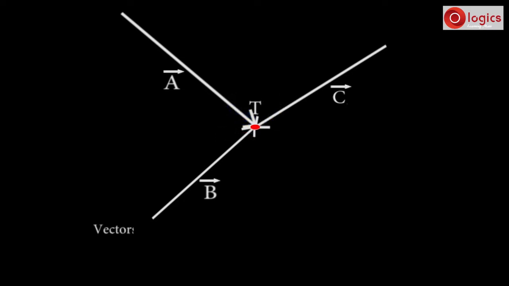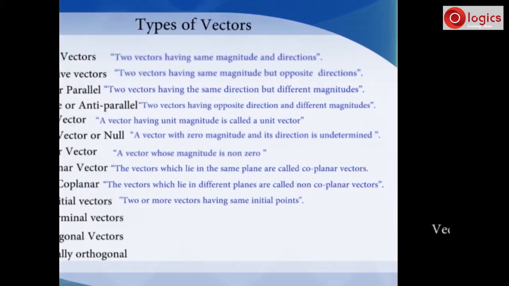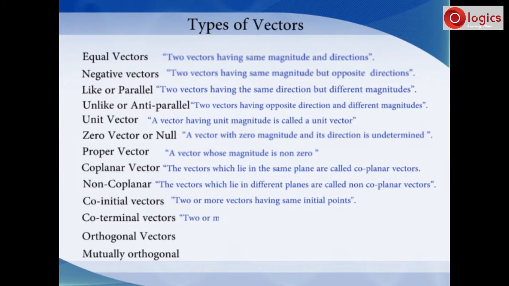All these vectors share a common terminus point. We can say A bar, B bar, C bar are coterminous vectors. Two or more vectors having the same final or terminus point are called coterminous vectors.